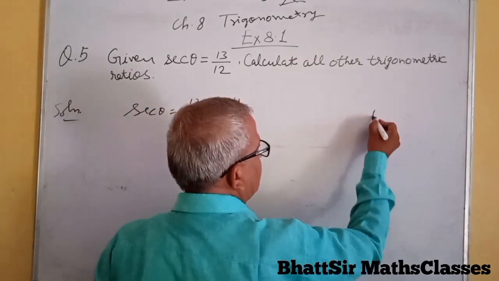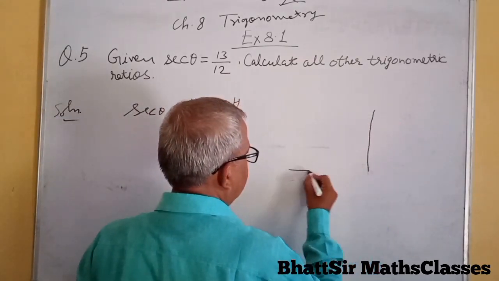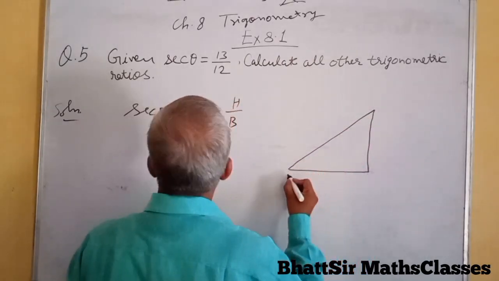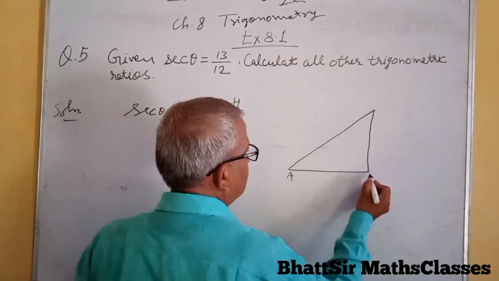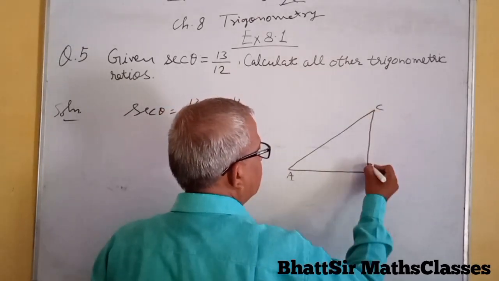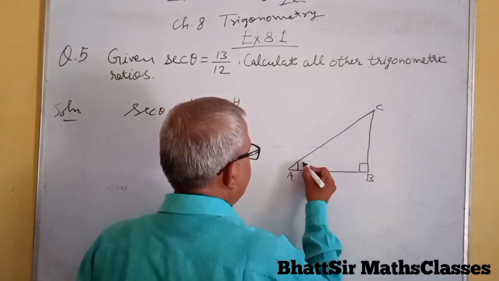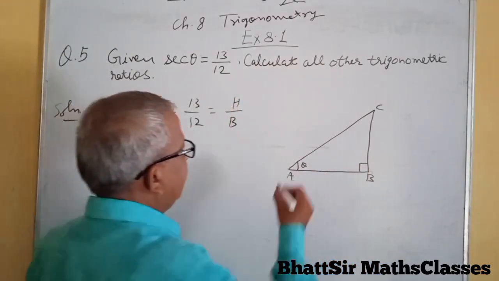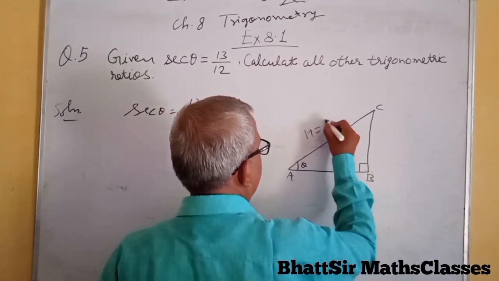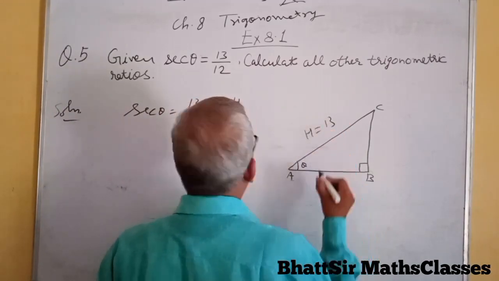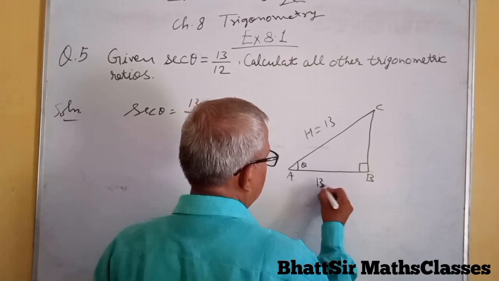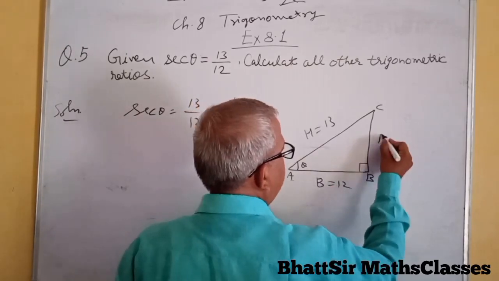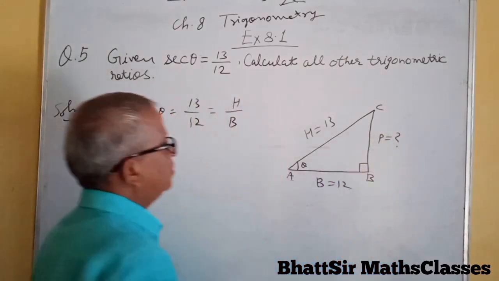Make a right angle triangle ABC, 90 degrees, with angle theta. So h equals 13 and base equals 12 and p equals question mark.